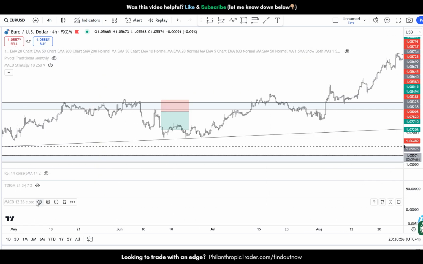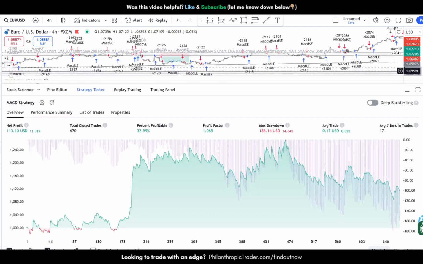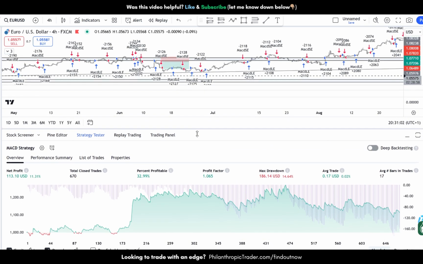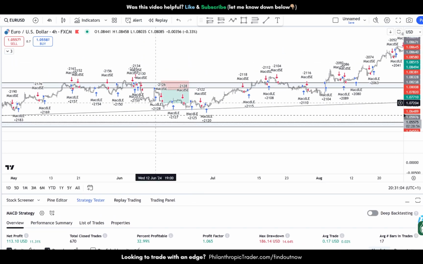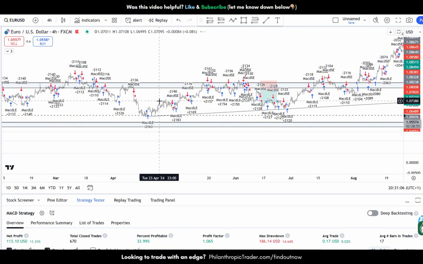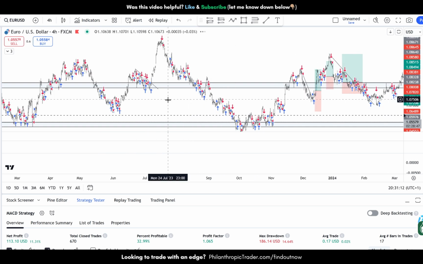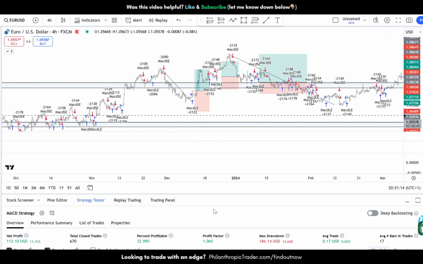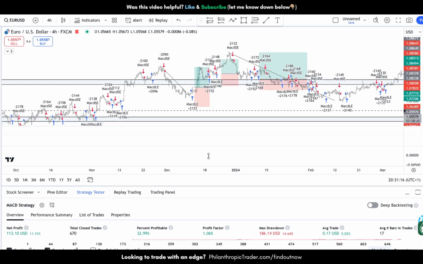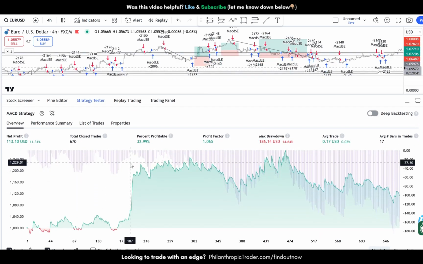Let me see over here. Let's enable it. And yeah, here you see the buys and sells, right? So now the strategy is basically displayed on the chart. And let me show you over here the results.